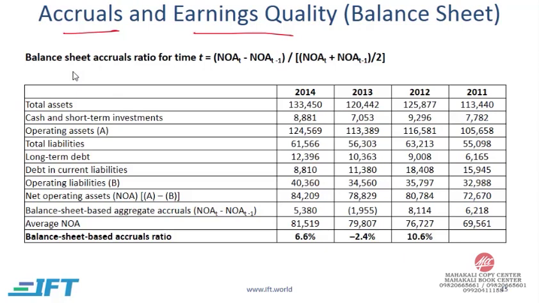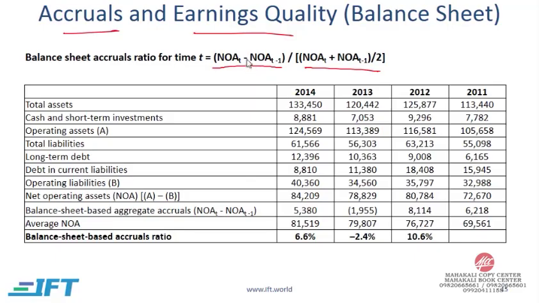One method is called the balance sheet method. With the balance sheet method, you come up with the accrual ratio based on the change in net operating assets over a year divided by the average net operating assets. So the idea here is that if your net operating assets, such as receivables, are increasing a lot, that means that there is a substantial amount of accruals.